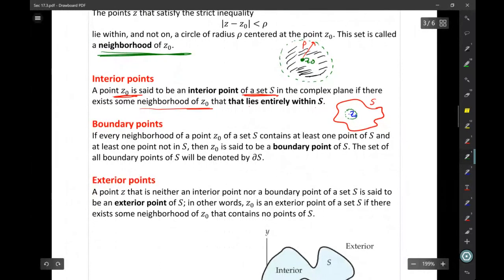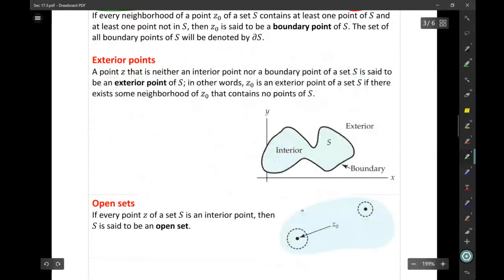What is the meaning of boundary points for any complex number? Here, the interior of S will be something inside, all the points inside.